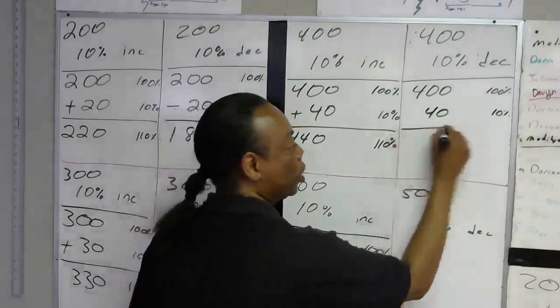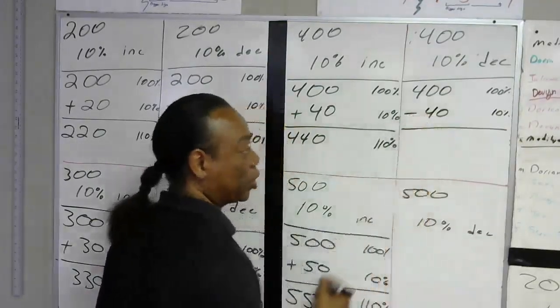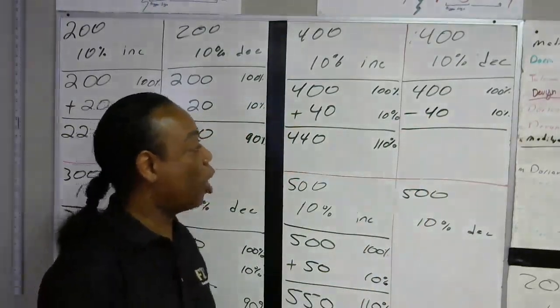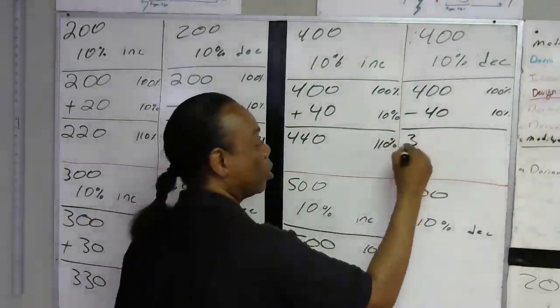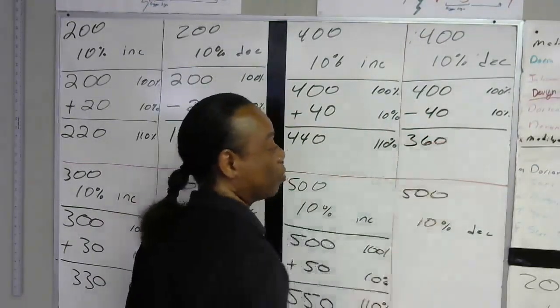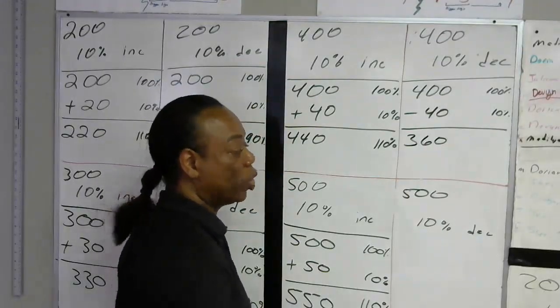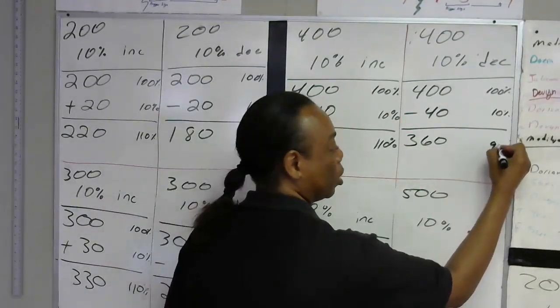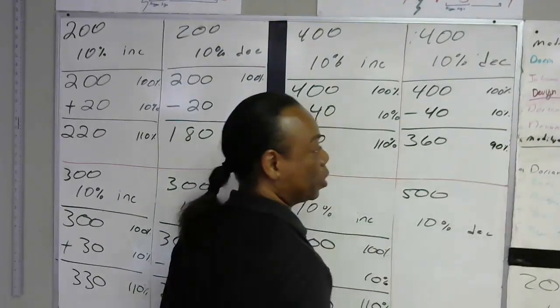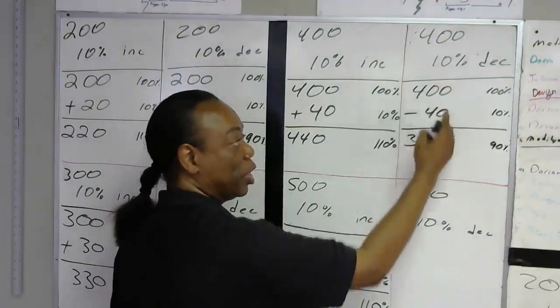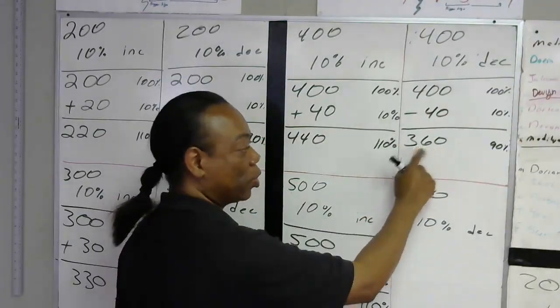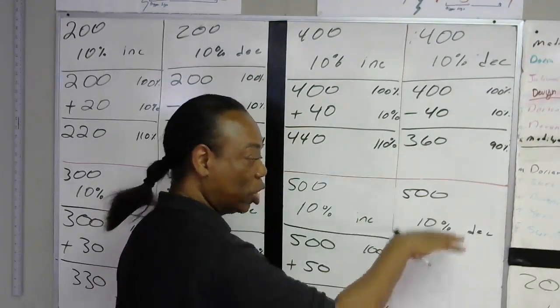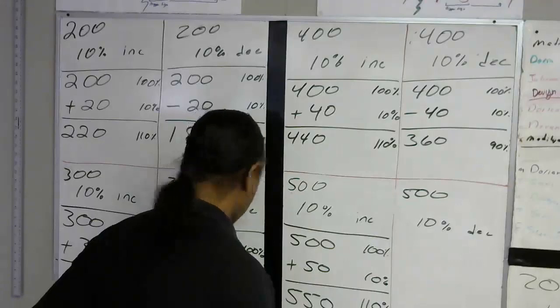Now we want to decrease, so we have to use subtraction. 400 take away 40 is going to leave 360, which represents 90%, or a 10% decrease. It used to be 400, now it's 360. It's decreased, it's just gone down.